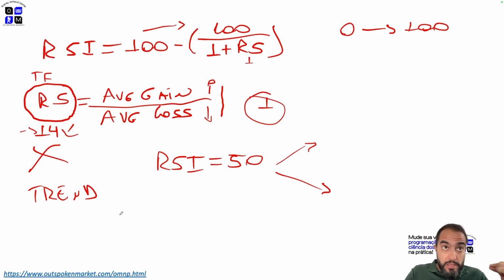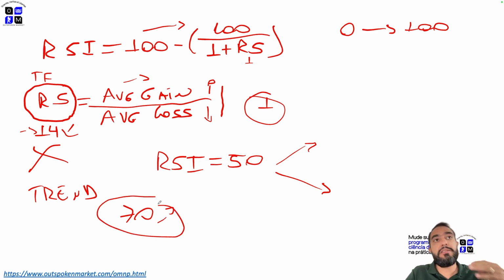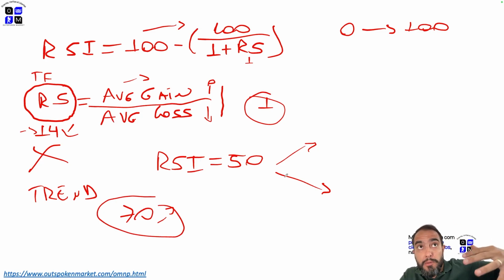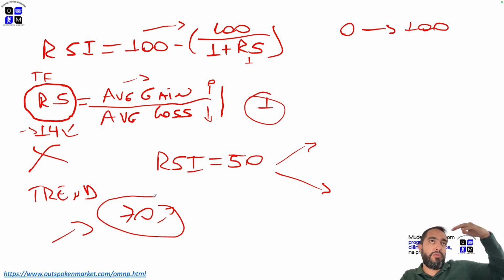So when you reach the level of 70, at which people classify something as overbought just because it's above that level, it makes no sense at all, because the average gain can keep going up, and there is nothing saying that, because that number has been reached, something is going to happen. However, we know that the average gains are above the average loss, and that's why the indicator is up. And the opposite is also true.